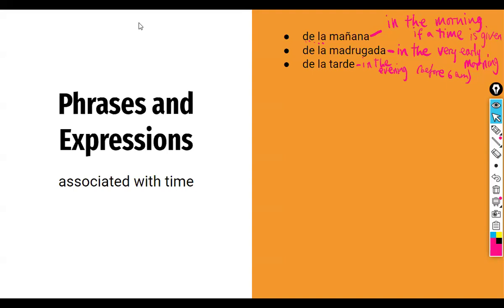Now, mañana by itself could also mean tomorrow, as well as de la mañana and de la tarde could mean AM and PM.